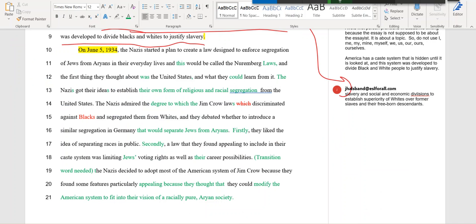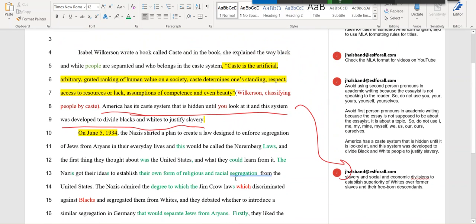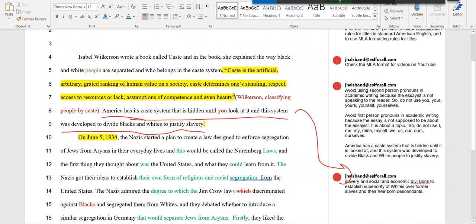So we take a look over here, and this is one that needs an in-text citation. I'm going to change it from yellow to green, which is okay. Here we have the source, Wilson, classifying people by caste.